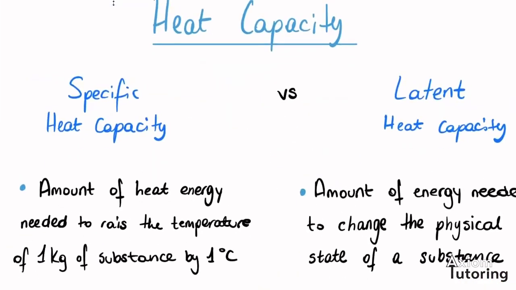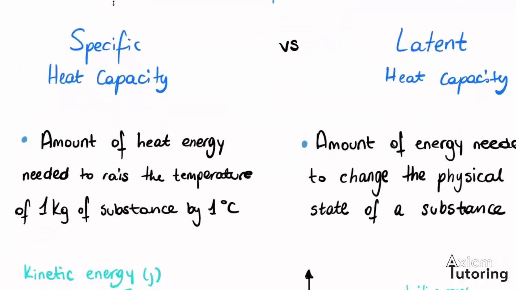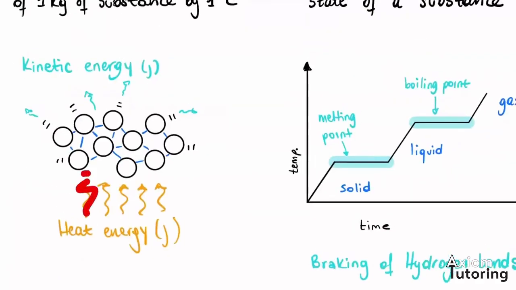The specific heat capacity is the amount of heat energy needed to raise the temperature of 1 kilogram of substance by 1 degree Celsius. So what this means is that as we heat up our water molecules, the heat energy is transformed into kinetic energy as the water molecules start vibrating more vigorously.